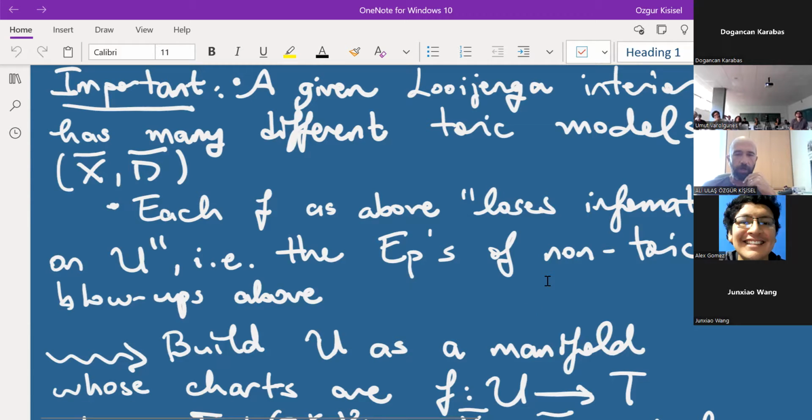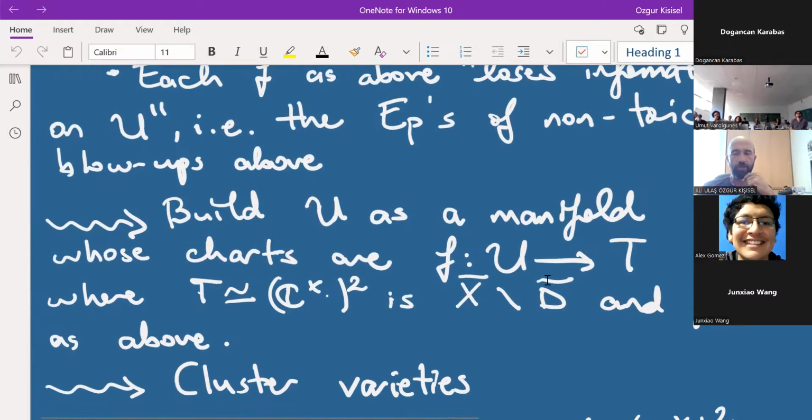And the idea then is to build U as a manifold whose charts are these maps from U to various tori. So use all possible non-toric blow-up pictures of the same U and try to rewrite U as a manifold in that manner. And that leads to the notion of cluster varieties in the setup.